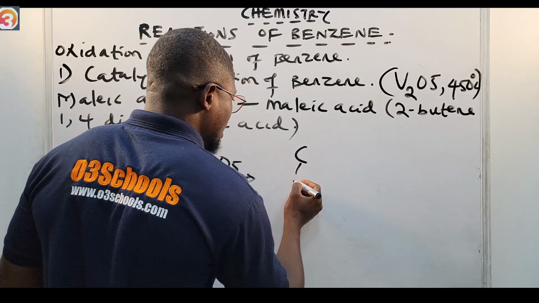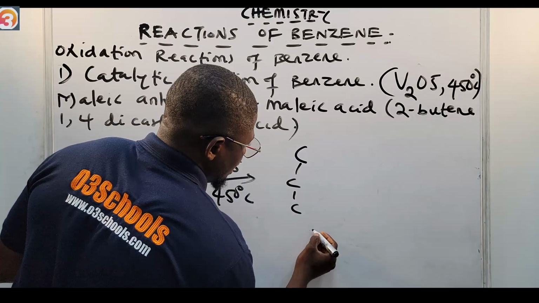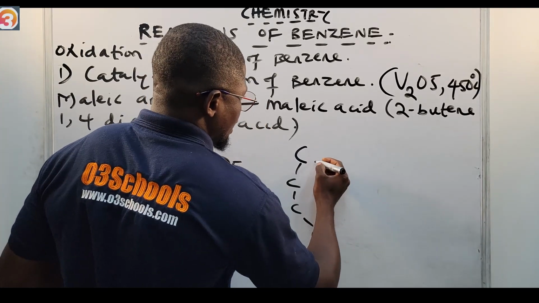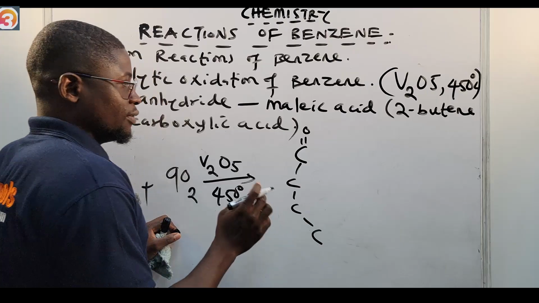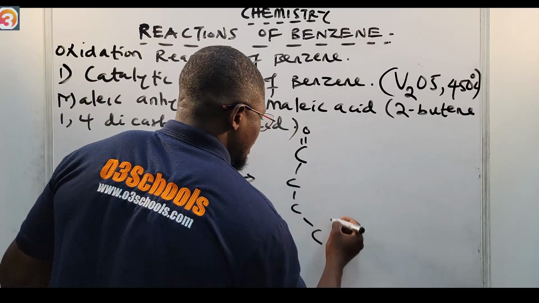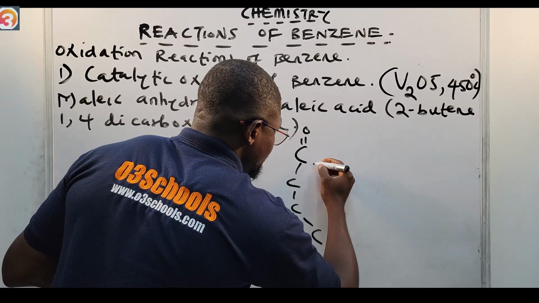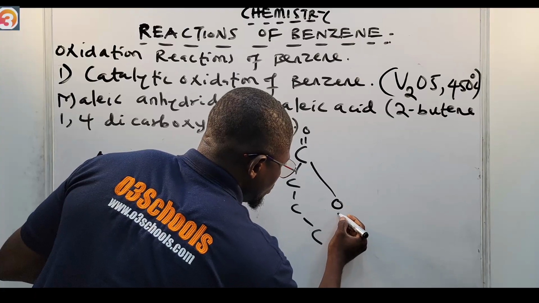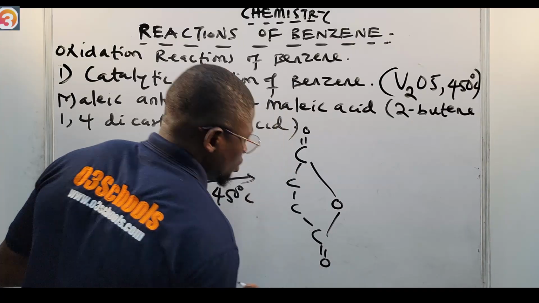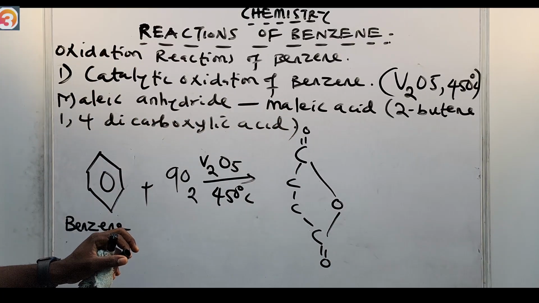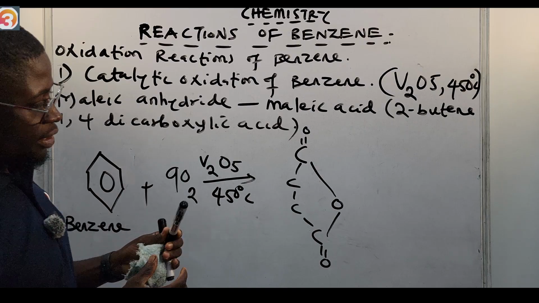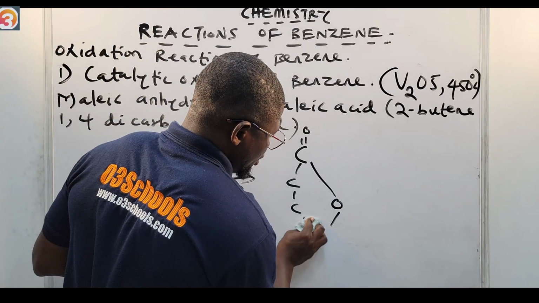This maleic anhydride, then C double bonded to O. Please take note of that. Then here you now have O, double bonded to O. Please, you must take note of this structure. I hope I'm not drawing this out of the board. If I am, let me reduce this.